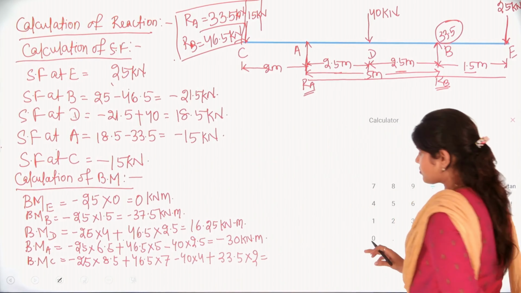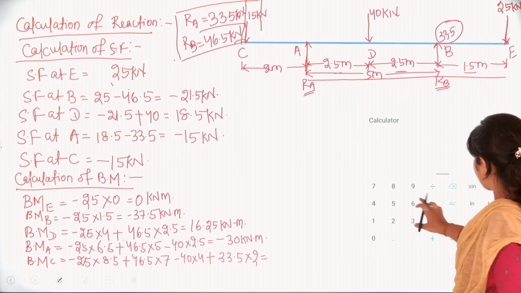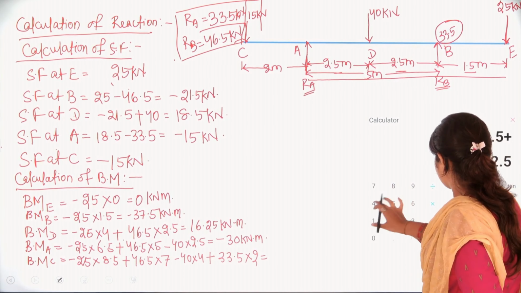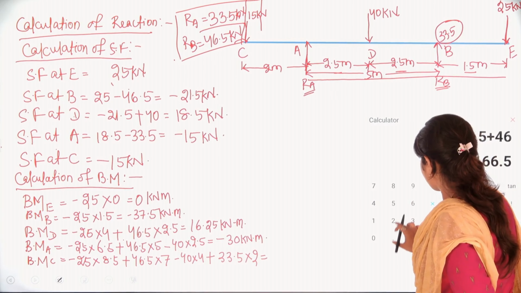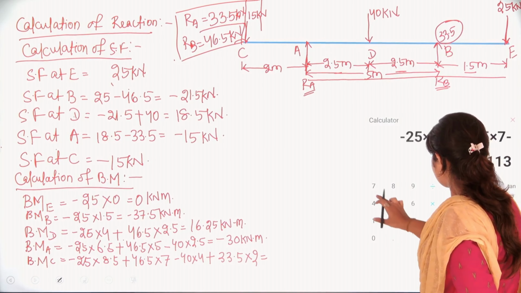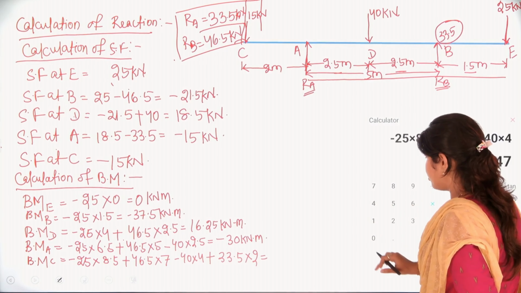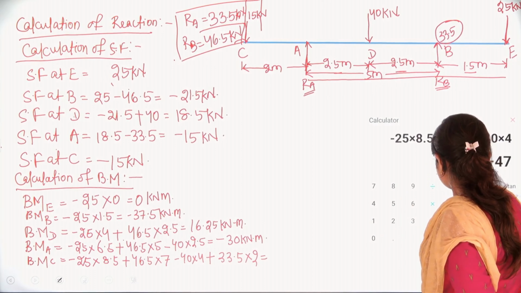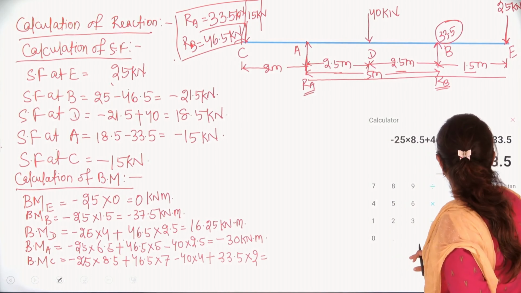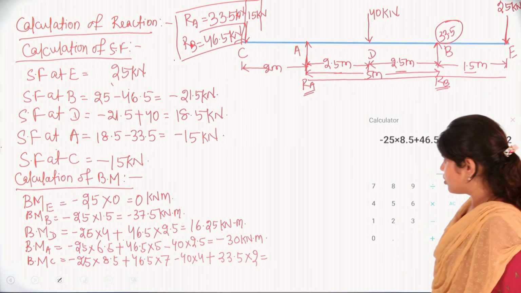is equal to, so minus 25 into 8.5 plus 46.5 into 7 minus 40 into 4 plus 33.5 into 2. 20.